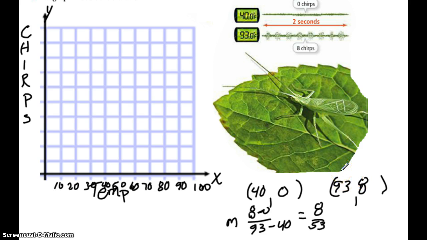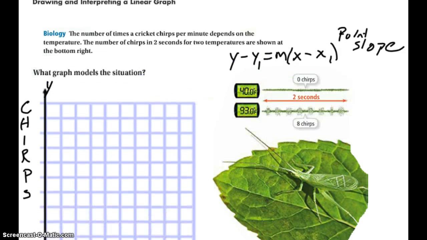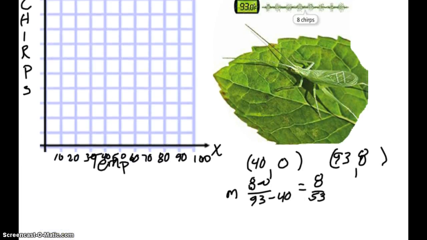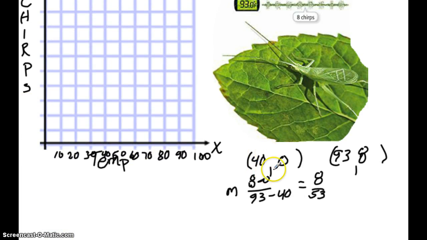But I've got to be careful here because these chirps are in 2 seconds. And the problem, remember, is asking you for the number of chirps per minute. So if there's 60 seconds in a minute, I'm probably going to multiply these number of chirps by 60.